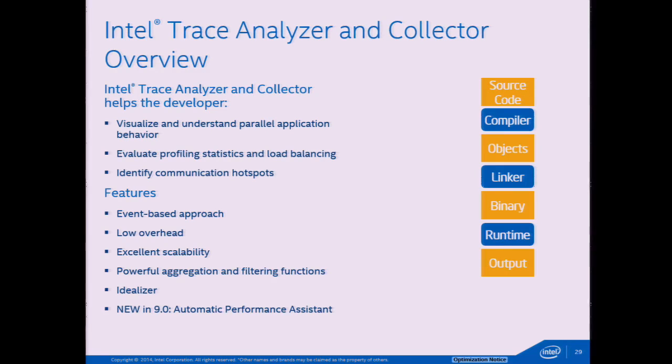As the application is running, for each process, anytime you make an MPI call or exit an MPI call, send a message, receive a message, whether the message is part of a point-to-point or a collective operation, all of that data is being recorded. When it's done recording all this information, you can do the analysis after the fact. All of the analysis is done post-mortem.